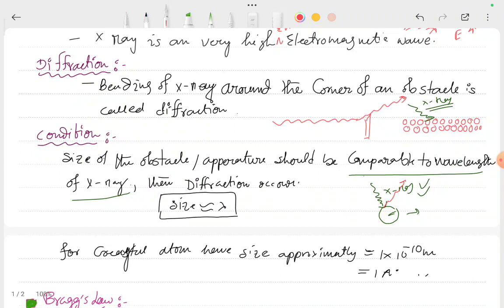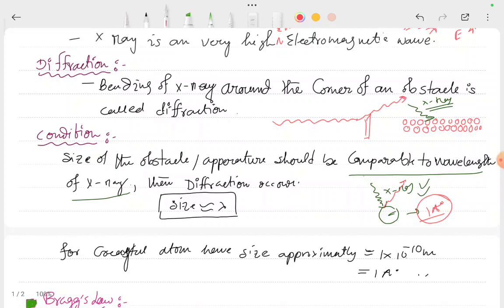So as you know, the size of atoms is approximately 1 angstrom. So that's why when X-ray is incident on a crystal, the diffraction condition will be satisfied, and then X-ray will be diffracted from the crystal plane. This is called X-ray diffraction.